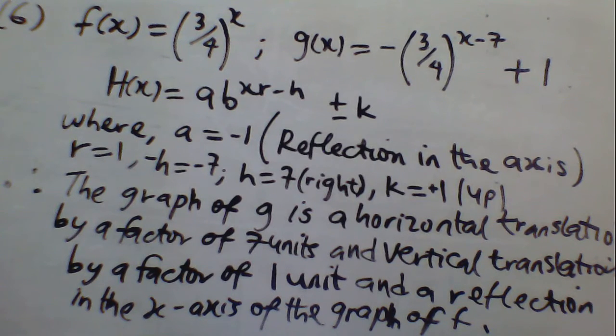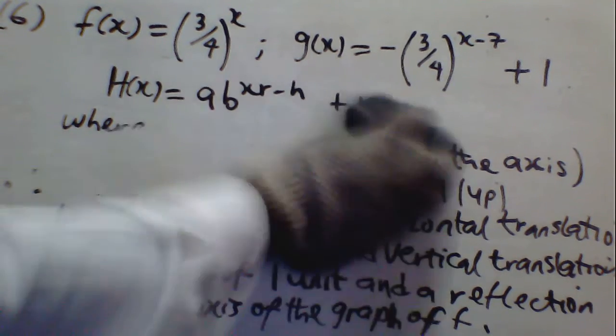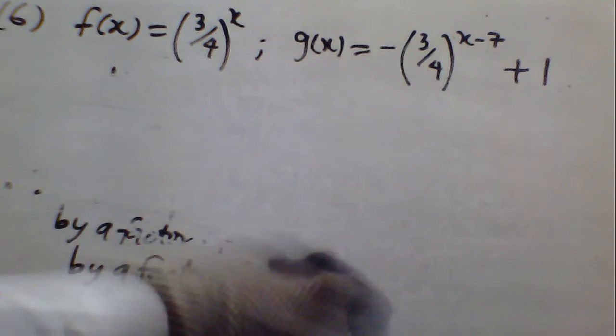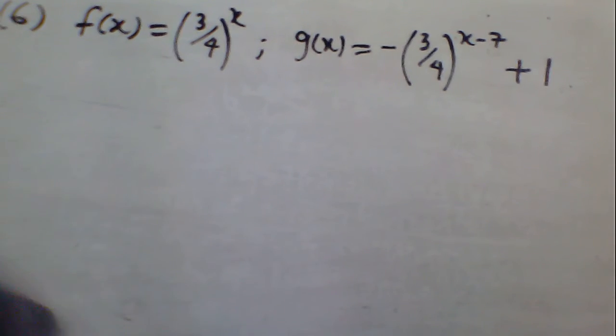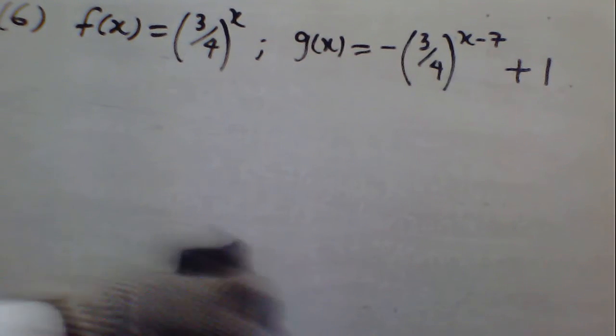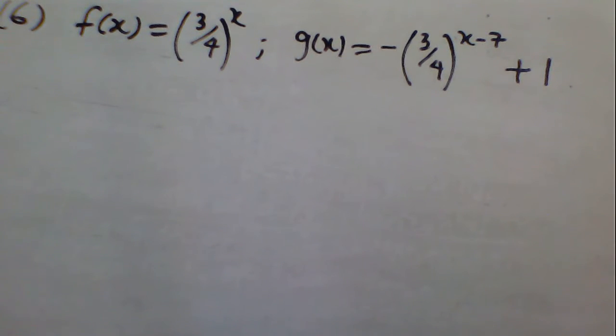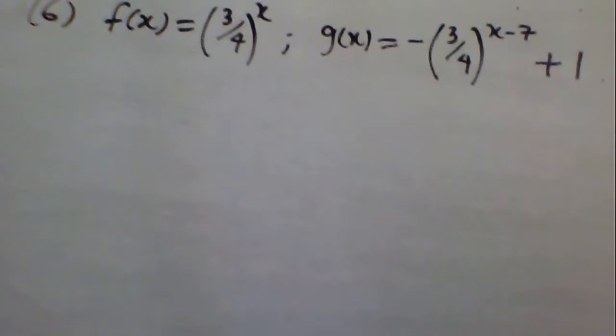Once you have described it, the next is to do what? The next is to plot the graph. So I can clean the board. You can pause the video, go through it. If you have any question, please ask.